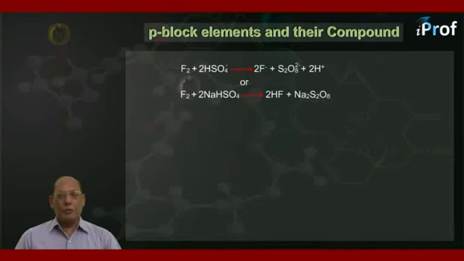Adding these two half equations with the cancellation of electrons, we get F2 plus 2HSO4 minus giving 2F minus plus S2O8 2 minus plus 2 proton. Or we can write F2 plus 2 NaHSO4 equal to 2HF plus Na2S2O8.